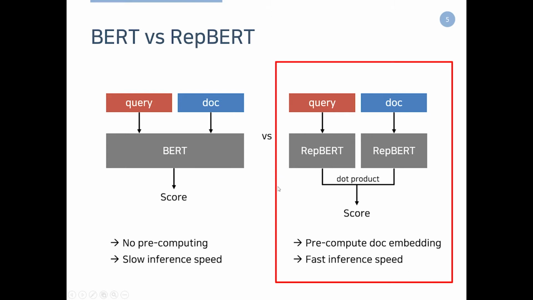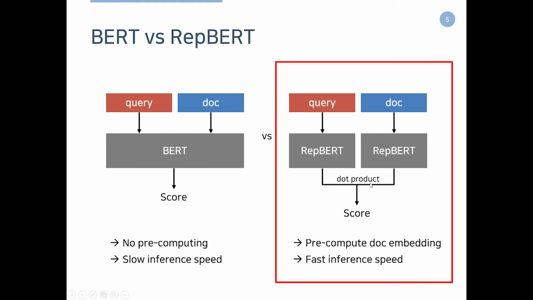In our study, we use the two-tower model instead of the left one because in the BERT model we cannot pre-compute anything of query or documents, but in the two-tower model we can pre-compute document embeddings before any query is given.